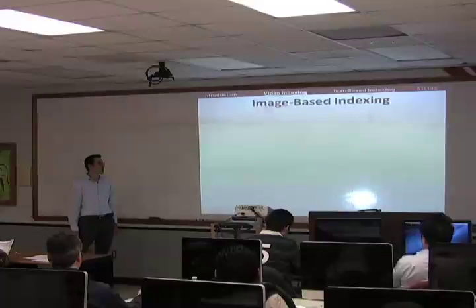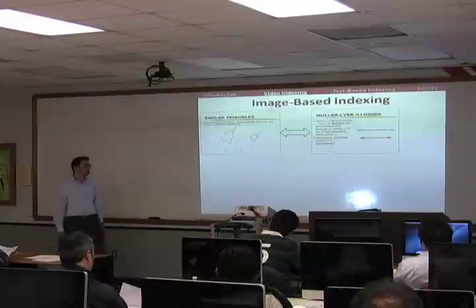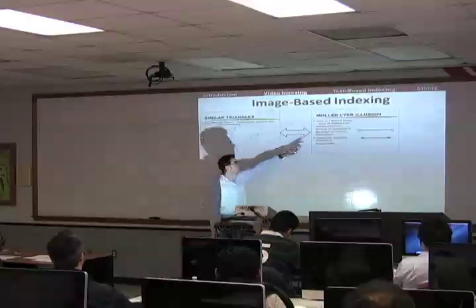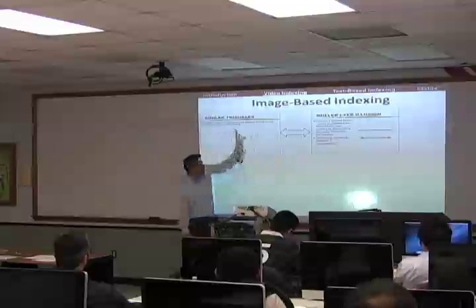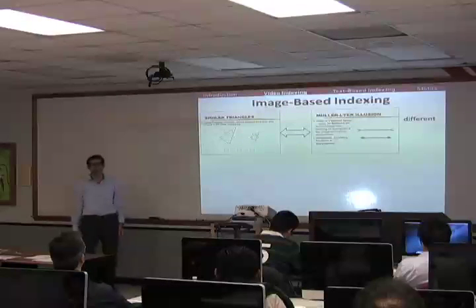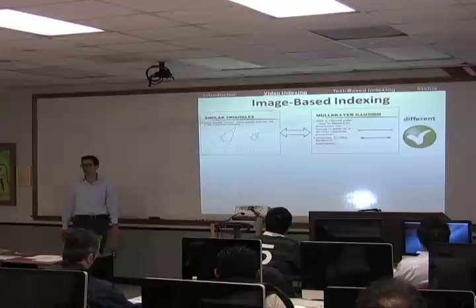In image-based indexing, let's compare these two frames. When we compare these frames, we know that this pixel is different from this pixel. We compare each pixel, and based on image processing, they are found different. Conceptually, they are probably different because they are talking about a different story.